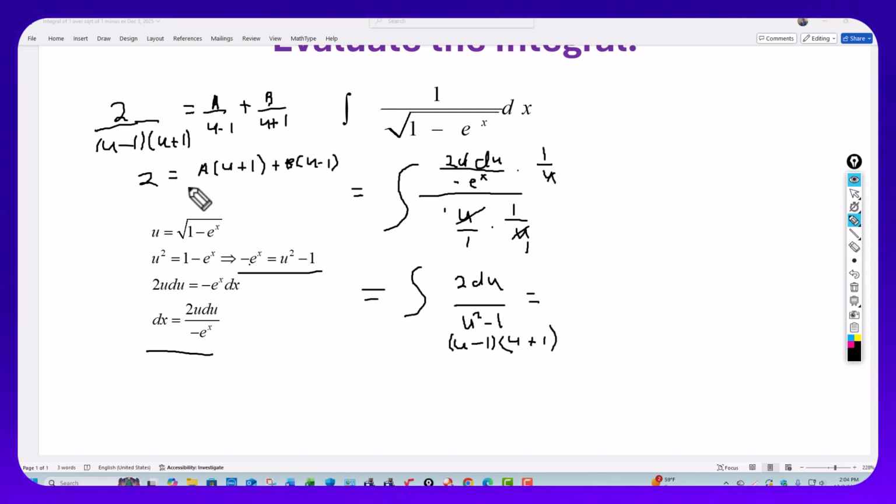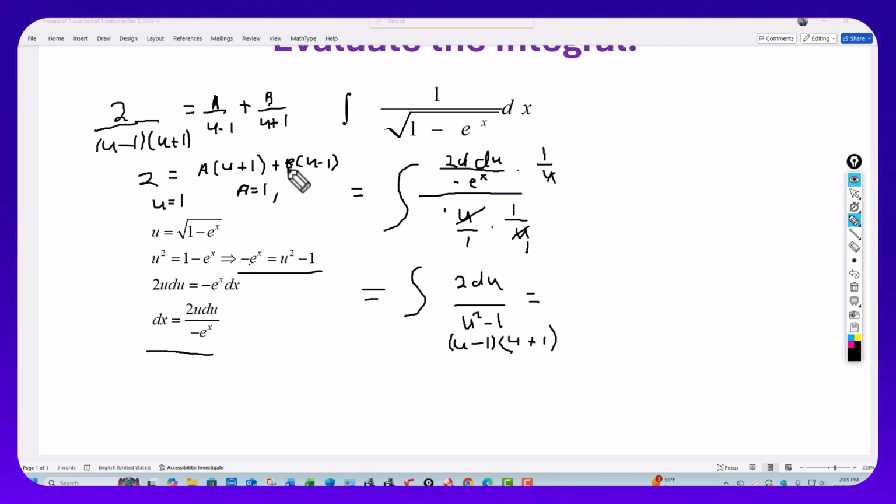Then you can set up a system of equations or just plug in convenient numbers. So I want to find a, so let's replace the u by 1. This is really an identity, so you can plug in any numbers you want. So you plug in 1, this factor goes to 0. This would be 1 and 1 is 2. 2a would equal whatever's on the left side. So a would be 2 divided by 2, which would be 1.